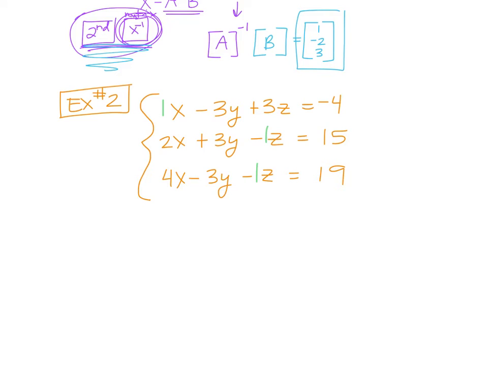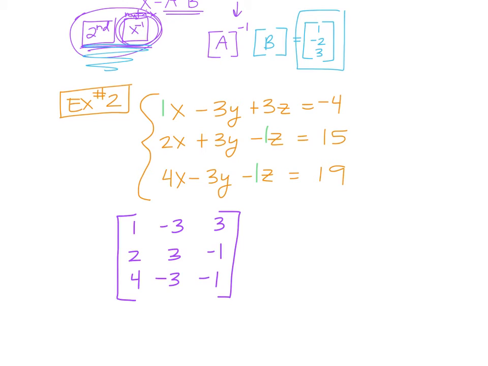So we're going to set up the problem with our matrices. Remember, we start with the coefficient matrix. So this one's going to be 1, -3, and 3. And then 2, 3, -1, and then 4, -3, -1.